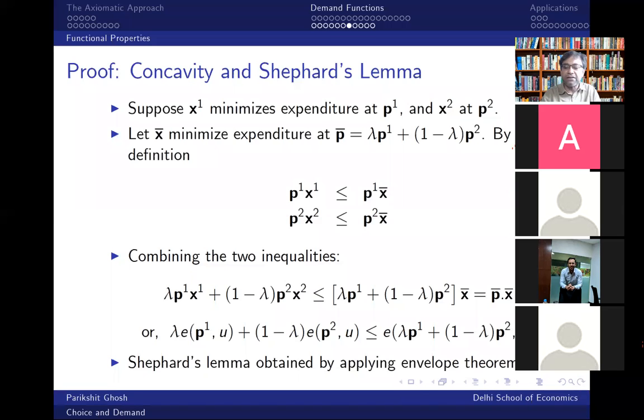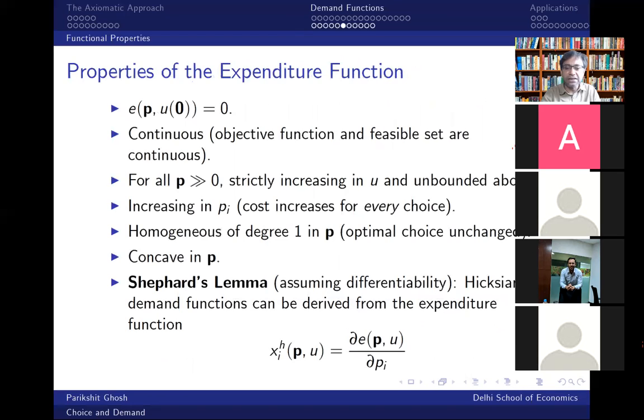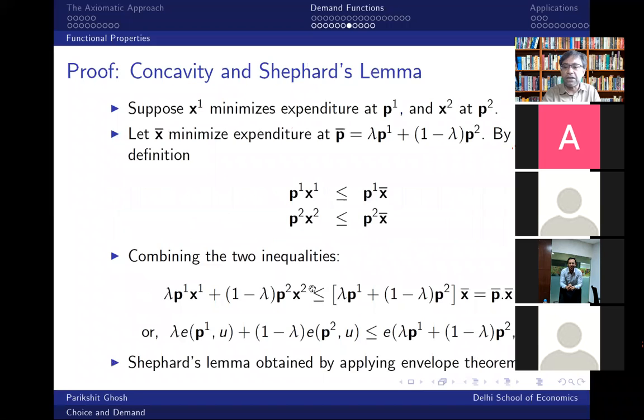Let me just say in general, somebody asked it the other day, don't memorize stuff, all these things, just try to understand them. I've said this repeatedly. I won't ask you straightforward proofs on this sort of material. I won't ask you, prove Shepard's lemma, prove the expenditure function is concave. I don't ask questions like that.